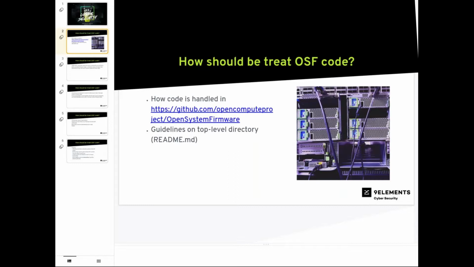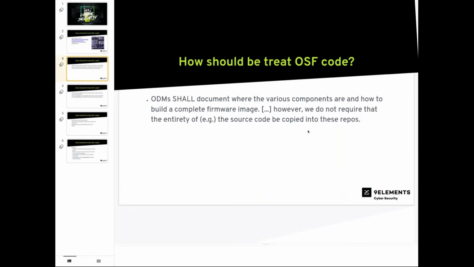There's some guidance in the README file on the top level directory, and basically it says that ODMs shall document where the various components are and how to build a complete firmware image. However, we do not require that the entirety of the source code is copied into these repos.